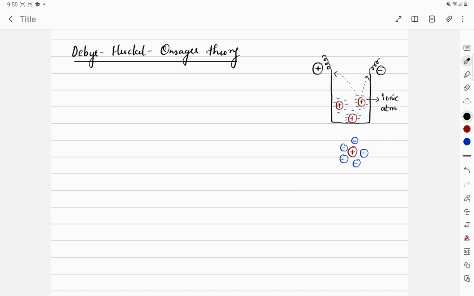So when an external potential which is higher than the internal attraction comes, they have to break this attraction with the internal species and only then can they go to the external potential. Because of that there is a slight lag produced here. This is called the asymmetric effect.